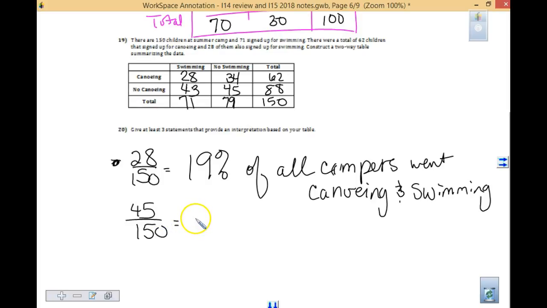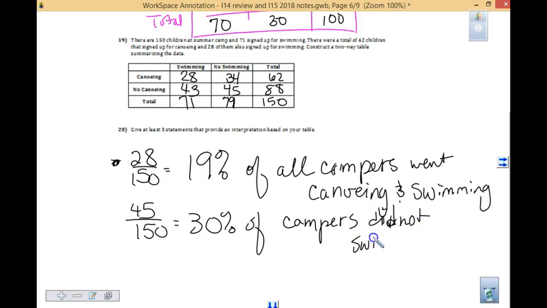How much? 30. Okay, I thought you said 30% what? Of all of the campers didn't go swimming or canoeing. 30% of the campers did not swim or canoe, right?